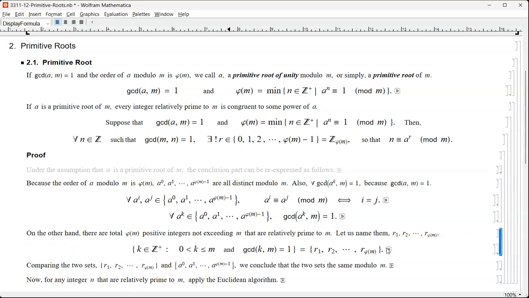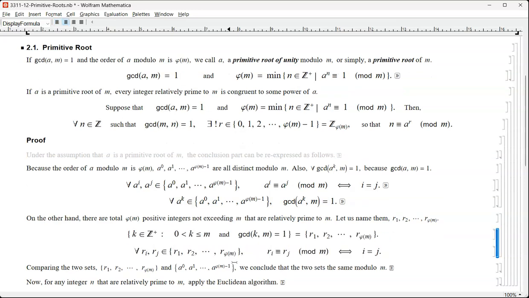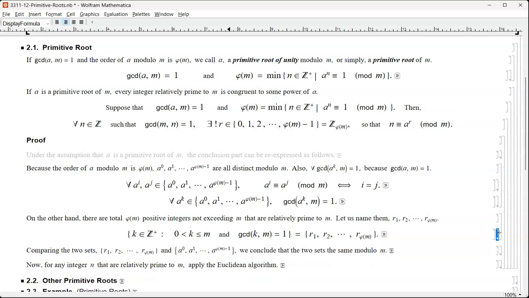So these are all positive integers from 0 to m that are relatively prime to m. And then, of course, we have this distinctness because they're all coming from 0 to m, so they should be all distinct modulo m. They're the same only when i and j are the same, the indices are the same.